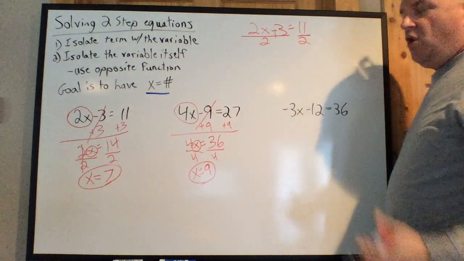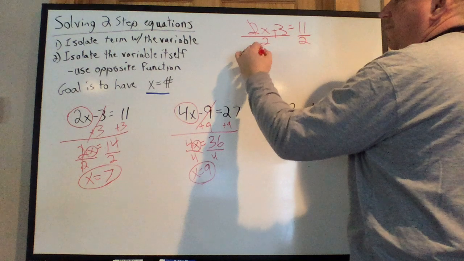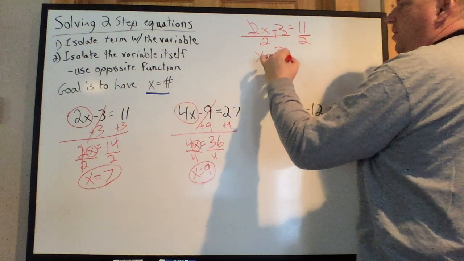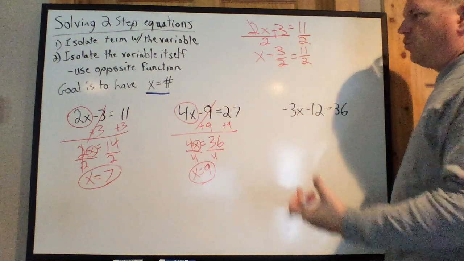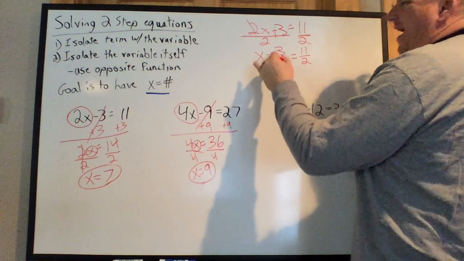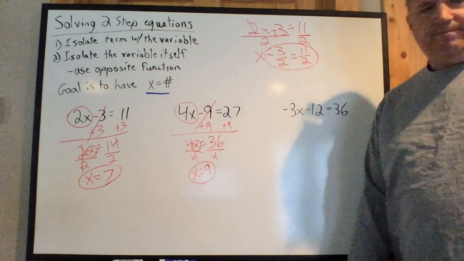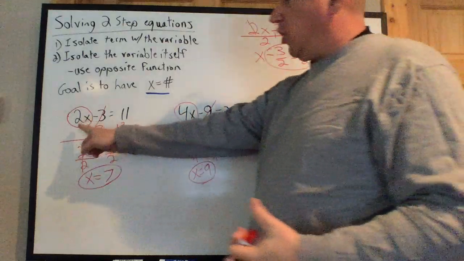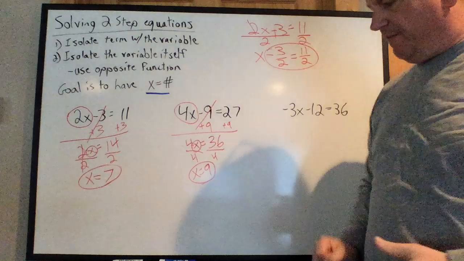So that would make it 1x minus 3 over 2 equals 11 over 2. That's where that would get us. And I don't know about you, but I'm not a real big fan of dealing with all of these fractions. So we're going to avoid that by isolating the term of the variable first, and then isolating the variable itself. I'm glad you asked the question.